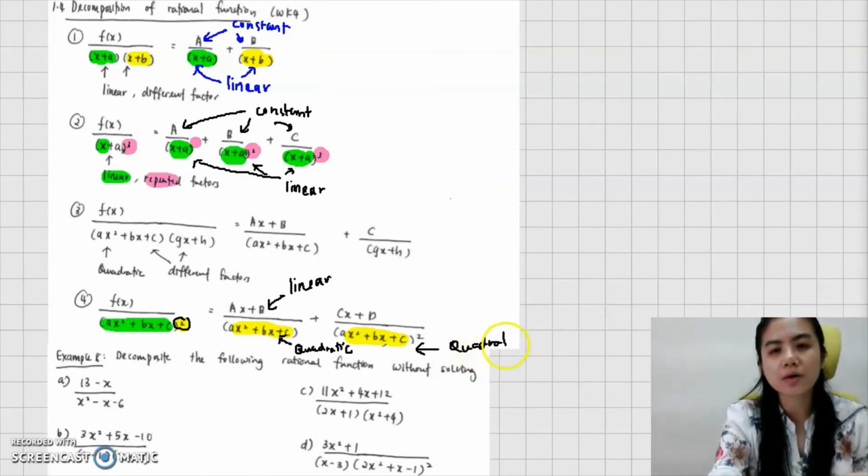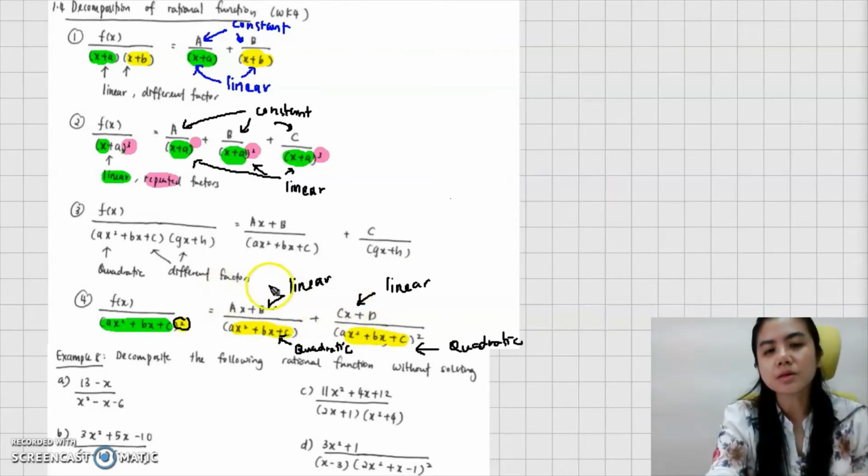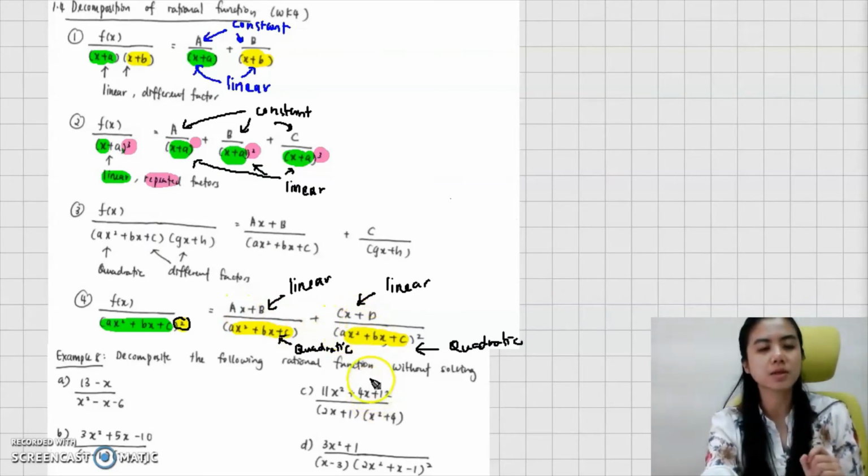When you are having a quadratic, on the top you will have a linear expression. But of course, we will not write ax plus b again because we want to make it different from the previous fraction. So that's why we start from c. We continue the alphabet basically. So we have cx plus d.